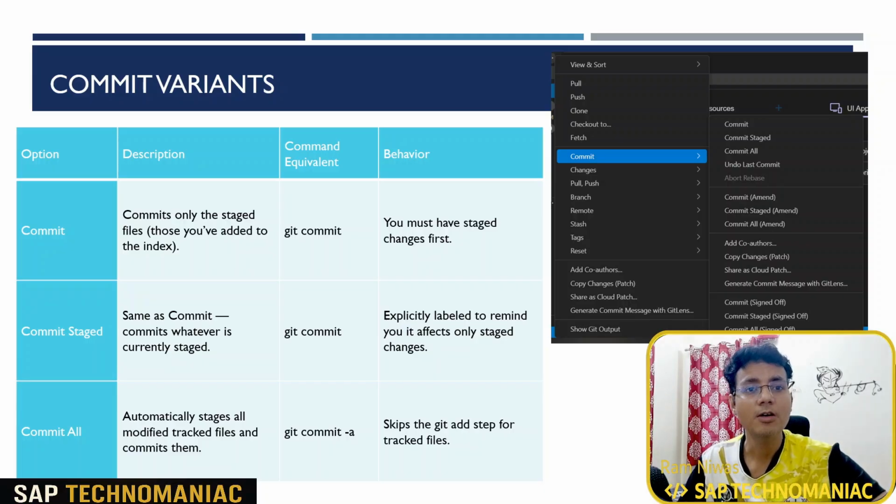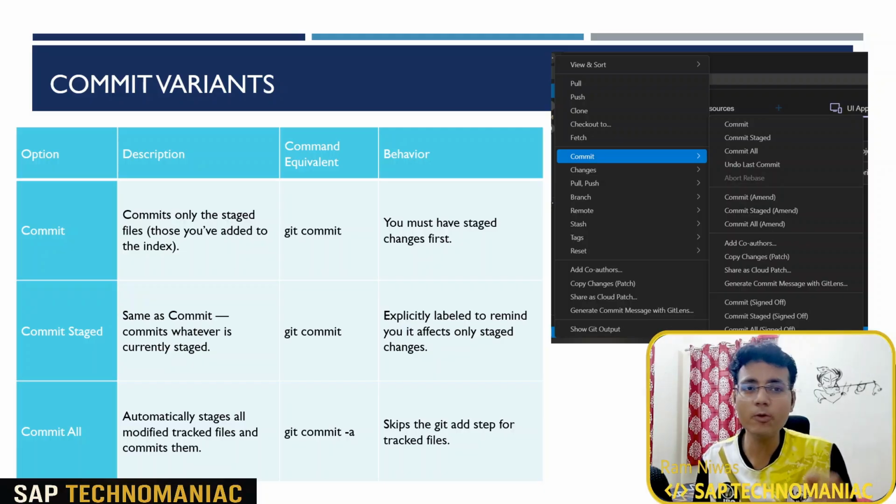Means only those changes, there is one clause: if you add some new file, that will not be committed. You have to explicitly stage that and then commit. Otherwise, whenever you do commit all, for whatever files Git is currently tracking, if you have made changes in those files, they are automatically committed even if you didn't stage those changes in the staging area.